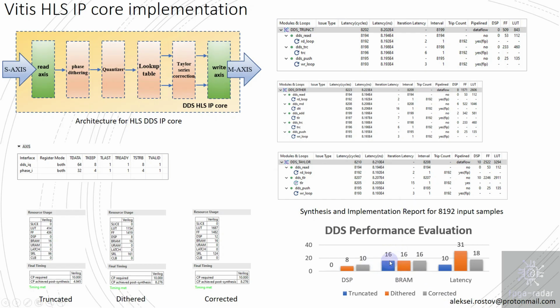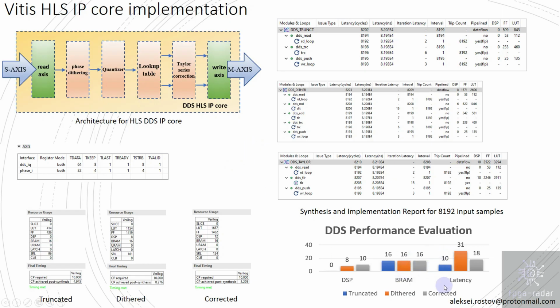The same amount of BRAMs for all three variants, and the latency. The latency values demonstrate how many clock cycles it takes after the first input sample is provided until the first output sample.